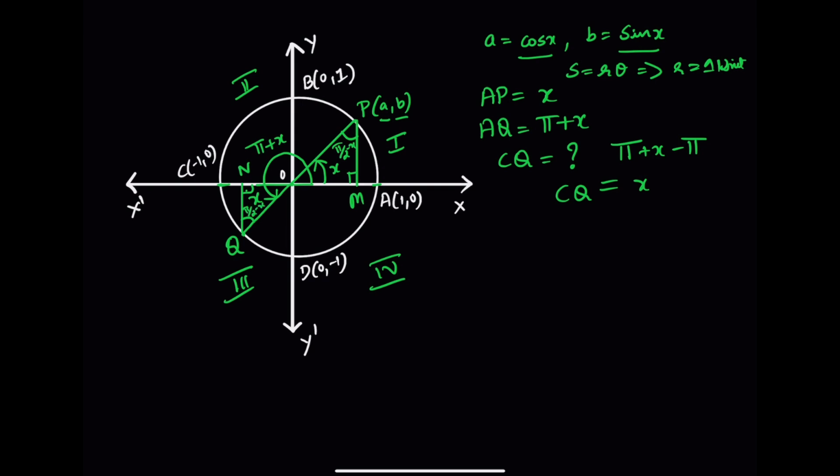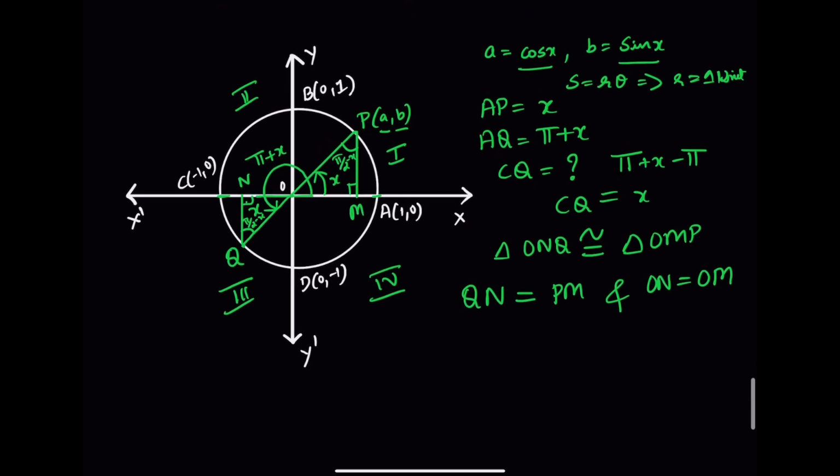Correct? Now, because these two triangles have two angles equal as well as one side equal, which is the hypotenuse, all the other sides are also equal, and we can consider triangle ONQ to be congruent to triangle OMP. When they are congruent, we will have QN equal to PM and ON equal to OM.